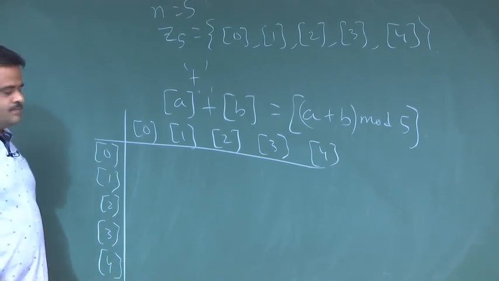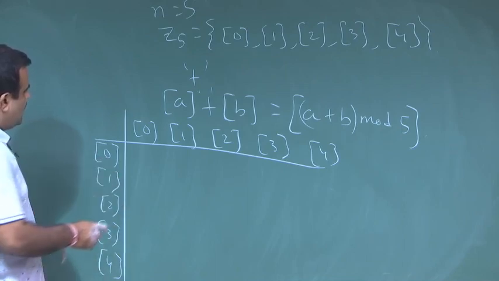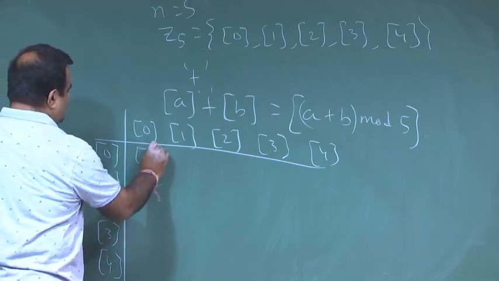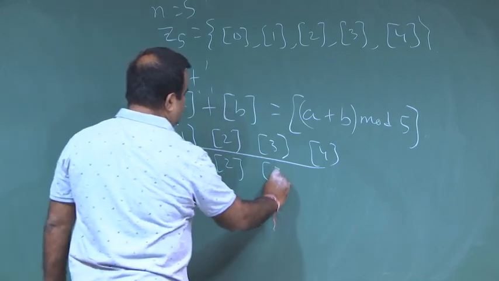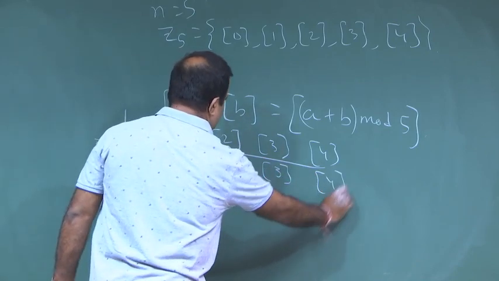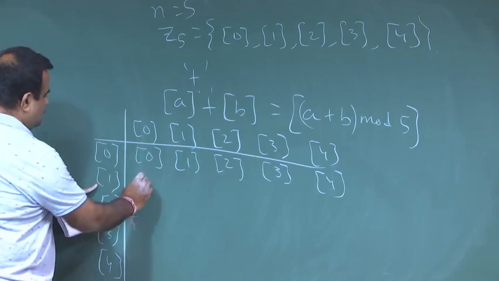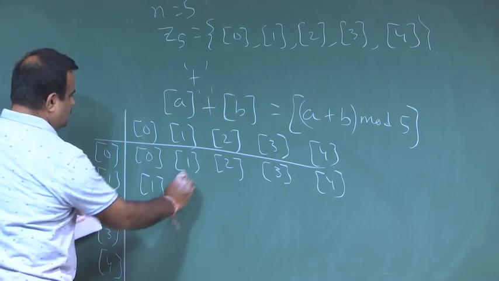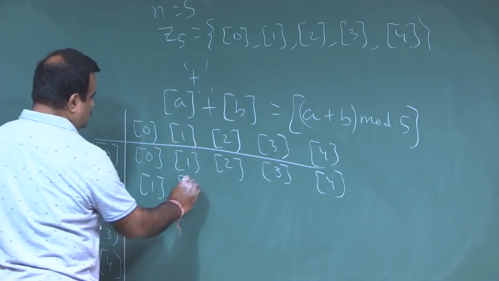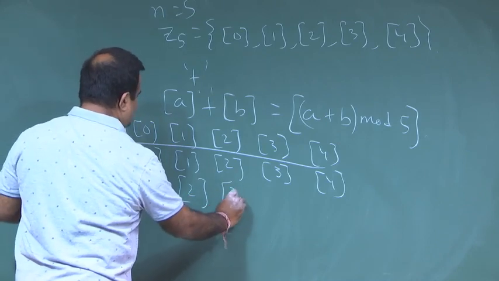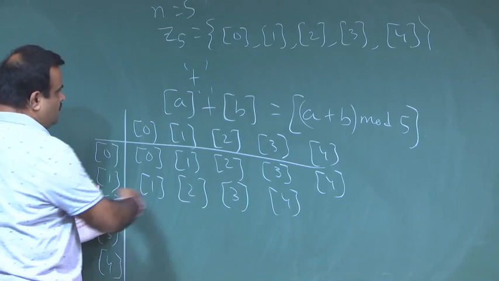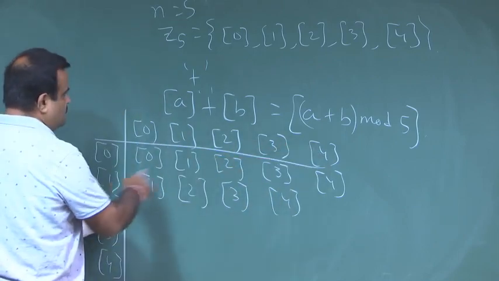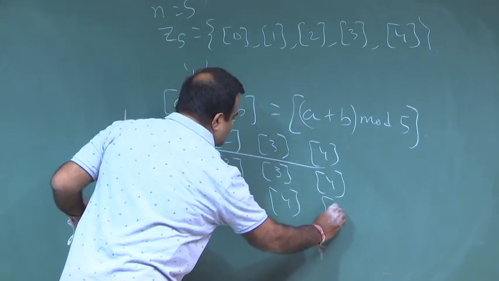Now, with 0, if we add, it will give us all of these, because 0 plus 2 is 2. Now, with 1: 0 plus 1 is 1, 1 plus 1 is 2, this is 3, this is 4, then we have 1 plus 4 is 5. So, 5 mod 5 is 0.